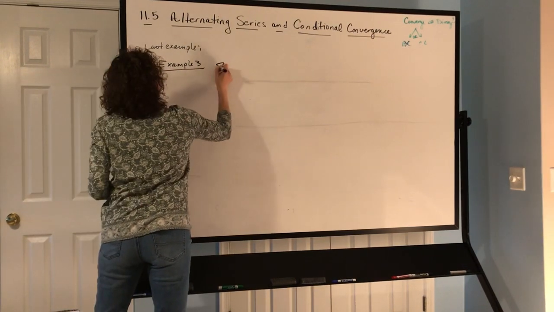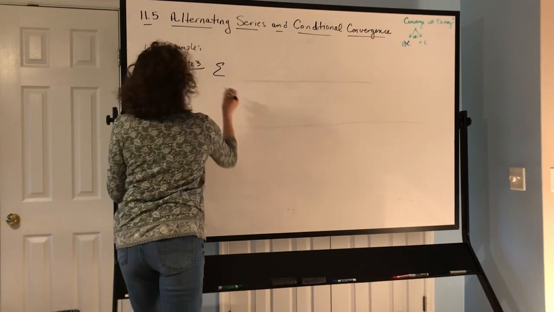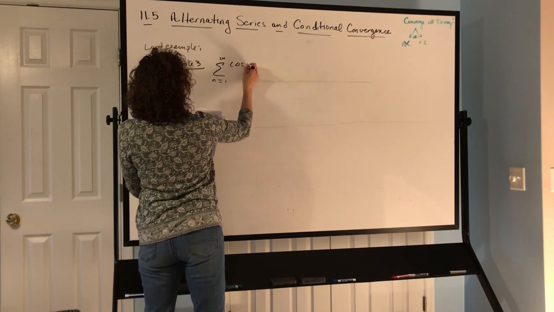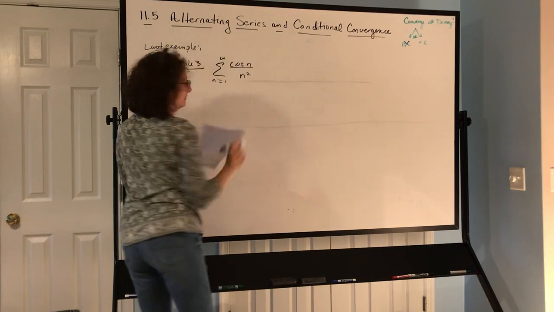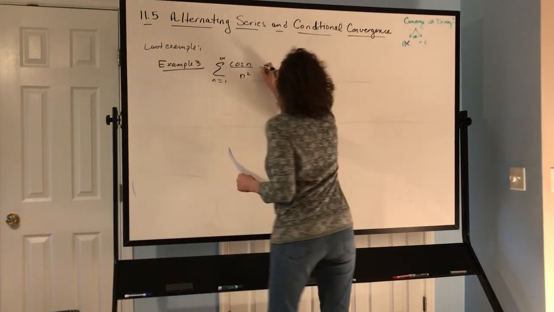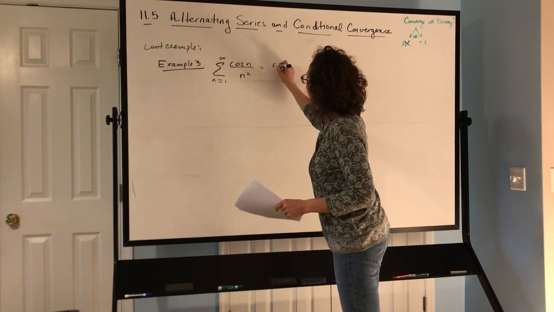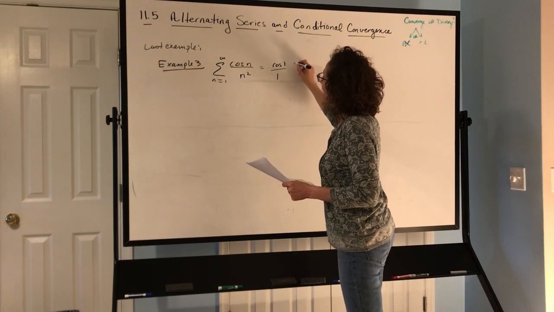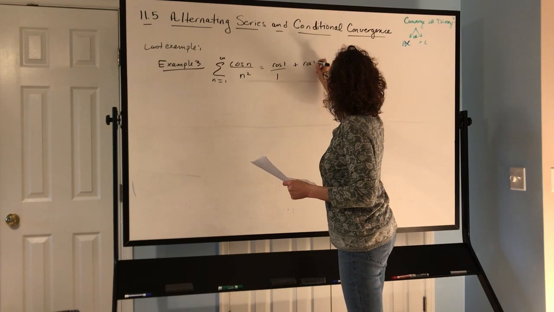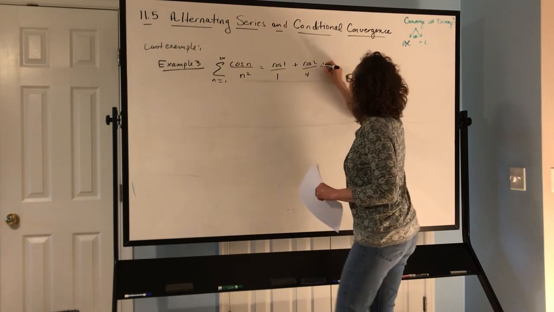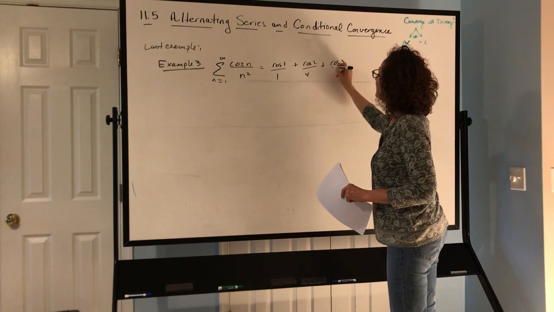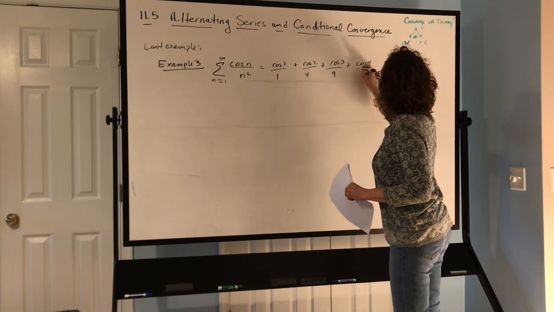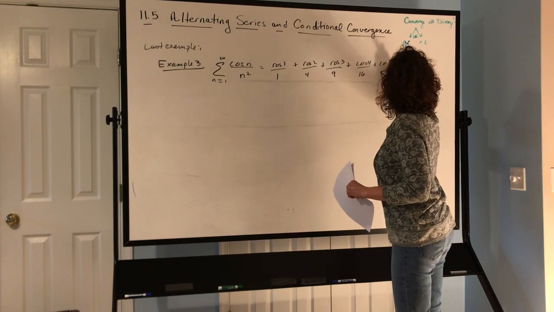What do we have? We've got the sum n equals 1 to infinity of cosine n over n squared, right? So what is that? Well, when n is 1, that's cosine of 1 over 1 squared, plus cosine of 2 over 2 squared, 4, plus cosine of 3 over 3 squared, 9, plus cosine of 4 over 4 squared, 16. We'll write out a few more.